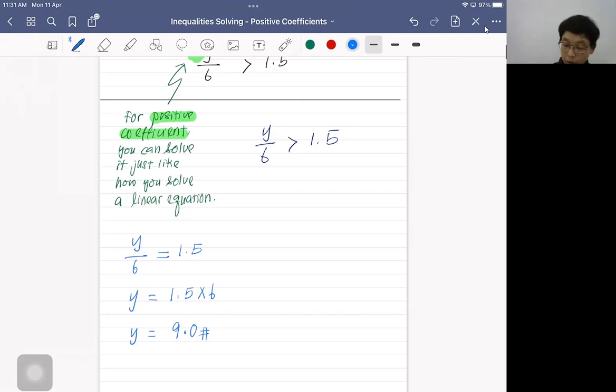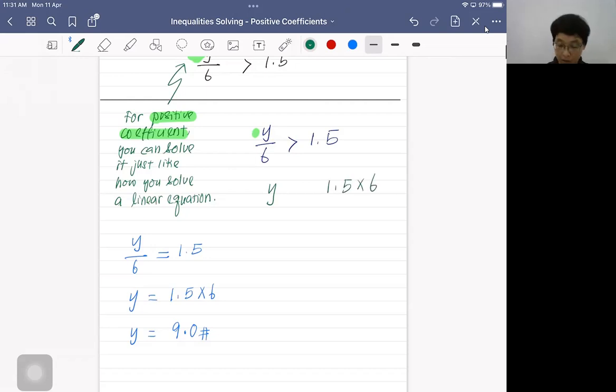All right, so we are going to apply exactly the same thing when we deal with an inequality when the coefficient is positive. Here, notice that this is a positive 1. With that, let's move on. So we have y, and we multiply 6 to both sides. You're going to get 1.5 multiplied by 6.